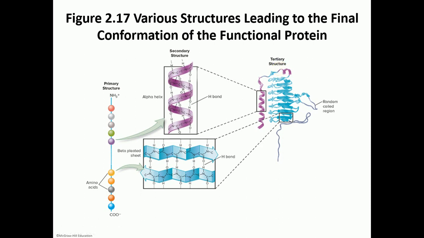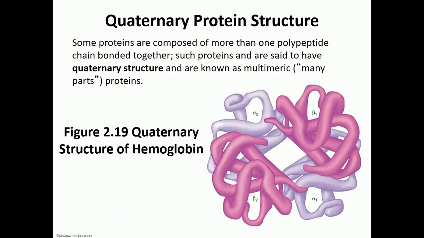Most proteins tend to function and stop the process at a tertiary structure. Some proteins, though, are huge macromolecules and would have to go through what is known as a quaternary protein structure, or level 4. And we call that a multimeric, or many parts, protein.